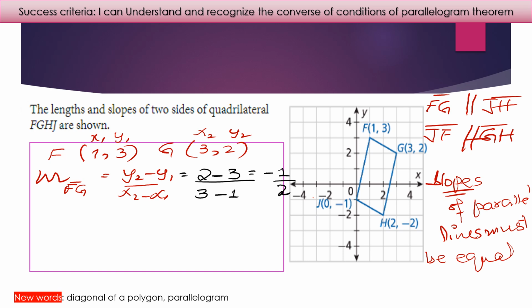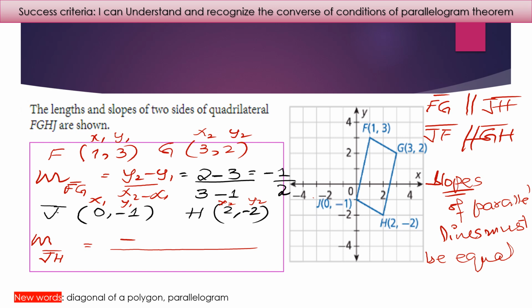Now let's try to find the slope of JH. The coordinates of J are (0, negative 1), and H is (2, negative 2). I name them x1, y1 and x2, y2. So let's find the slope m of JH. Now y2 is negative 2 minus y1 is negative 1.